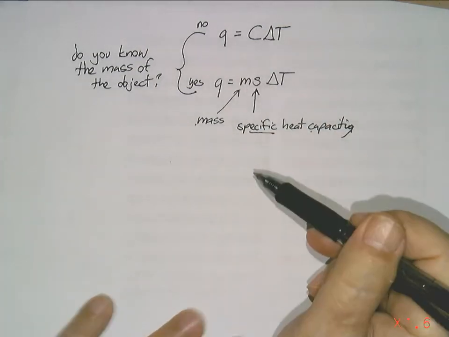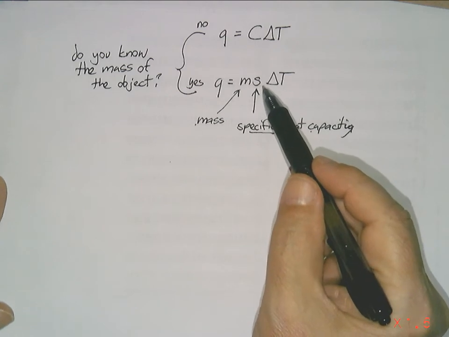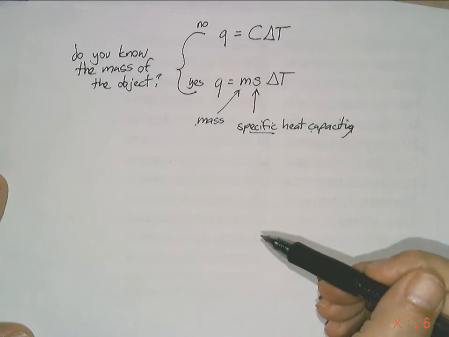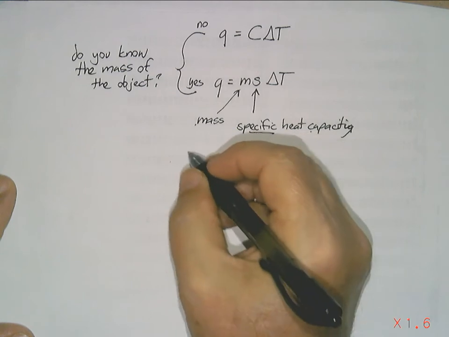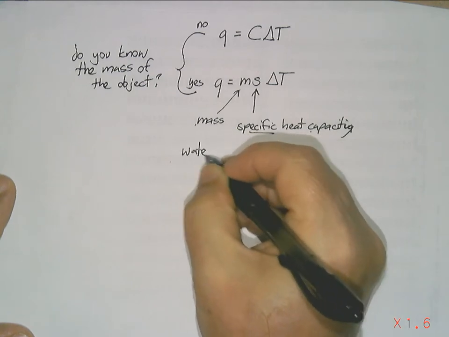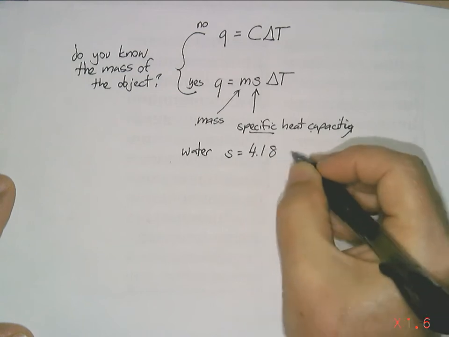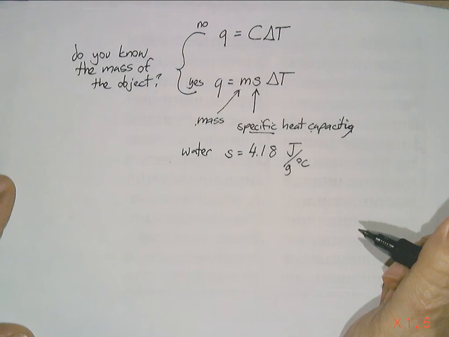But this is a lot more useful when you know the mass, because you can actually look up in tables what the specific heat capacities for different materials are. For example, the specific heat capacity for water is 4.18 joules per gram degree Celsius.